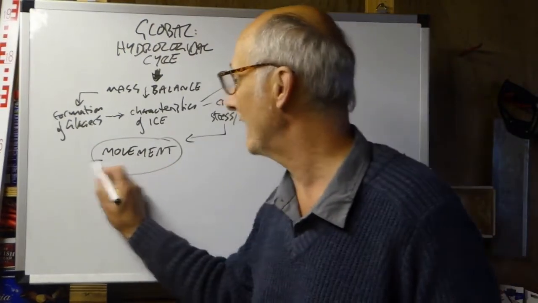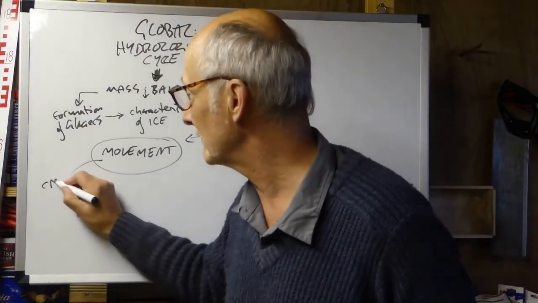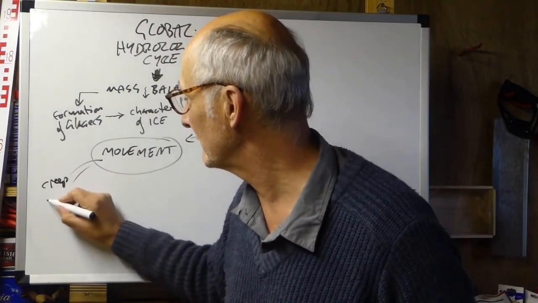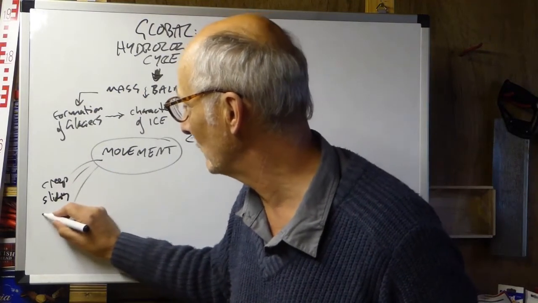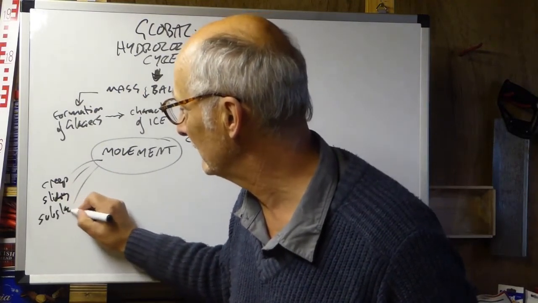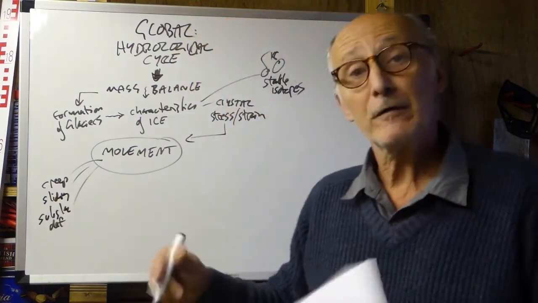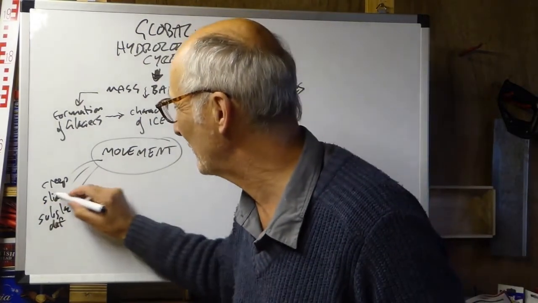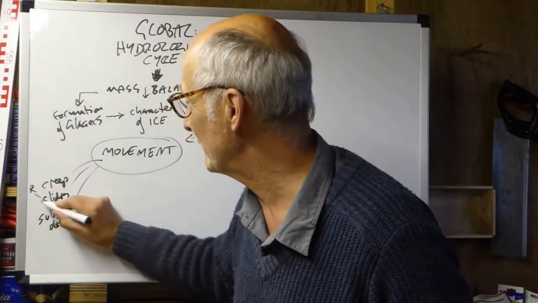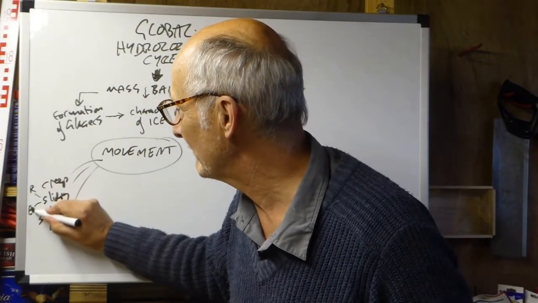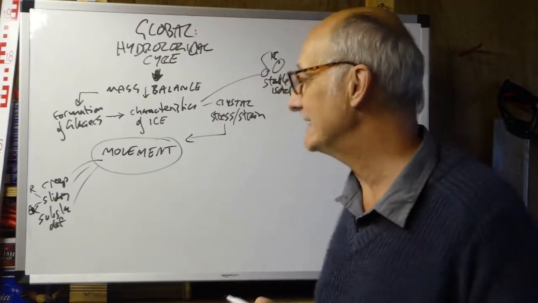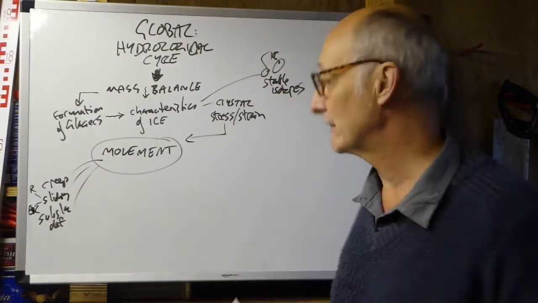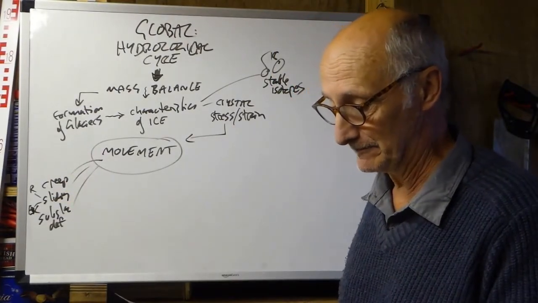And when we were talking about movement, obviously you've got to understand all about creep, you've got to understand all about sliding, and you've got to understand all about subglacial deformation. And we got lots of detail in there. So for example, when we were talking about sliding, we talked about regelation, we talked about enhanced basal creep, lots of different subtopics, if you like, or bits of detail as you look at each one of those particular mechanisms.